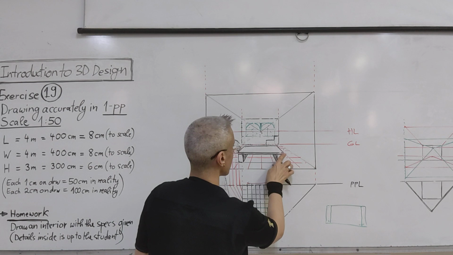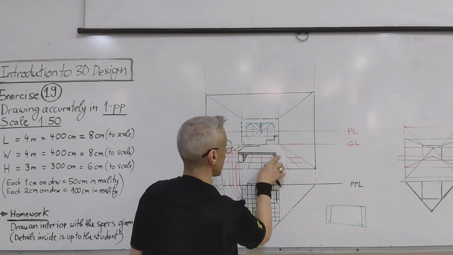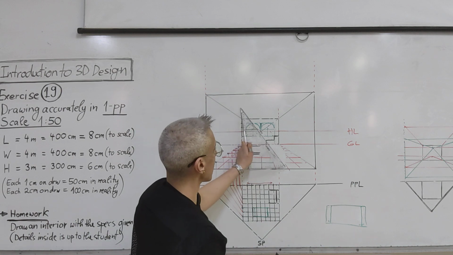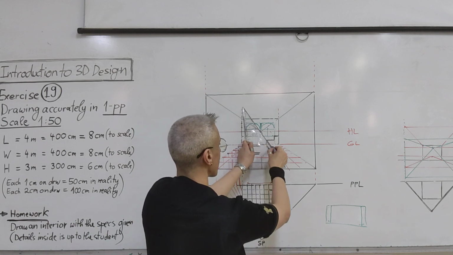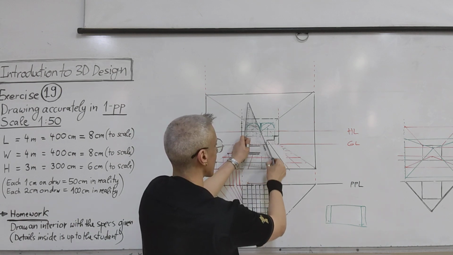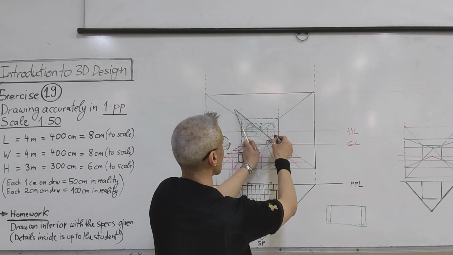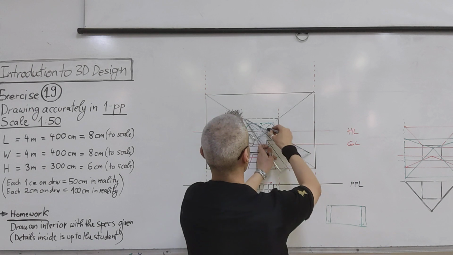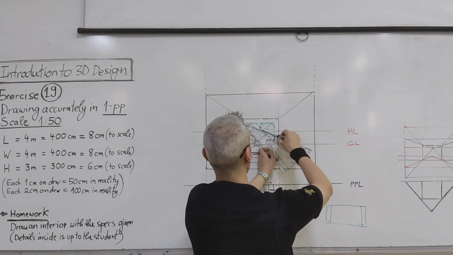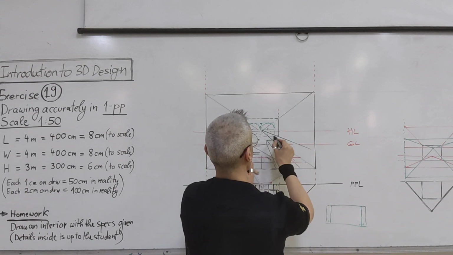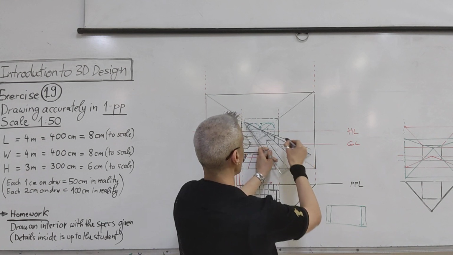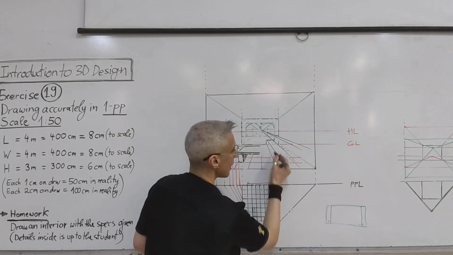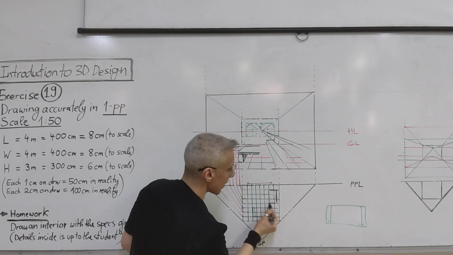So let me delete this area here just to show you what will happen. So if I go to the vanishing point, here you will decide, okay, where is the length stopping?